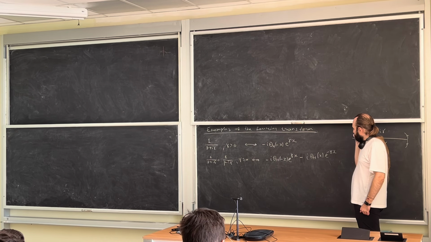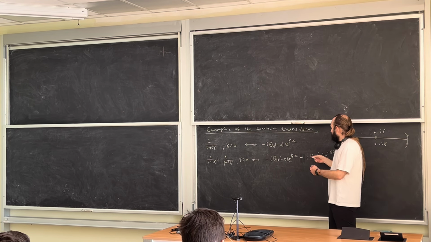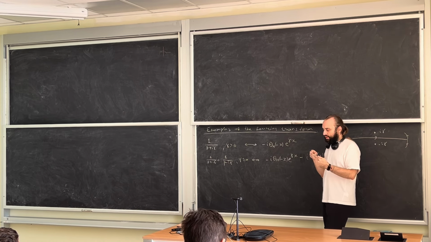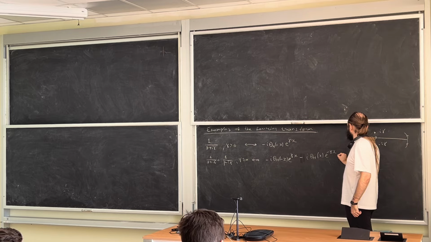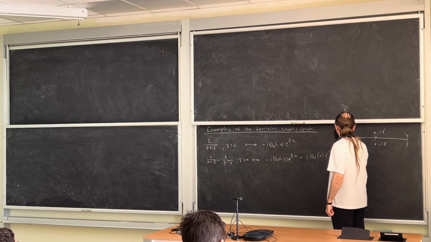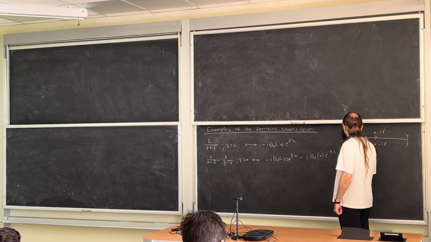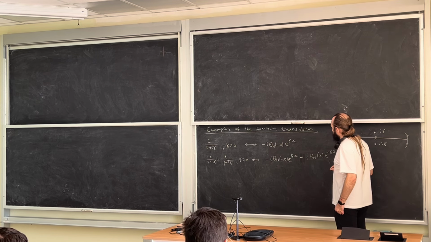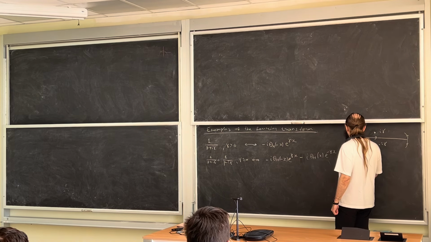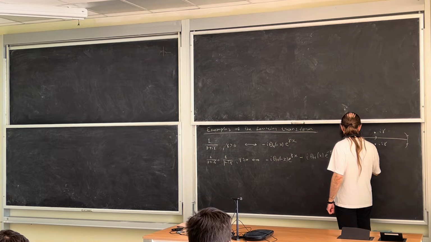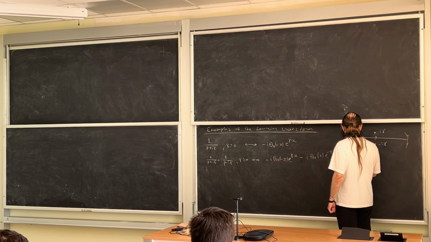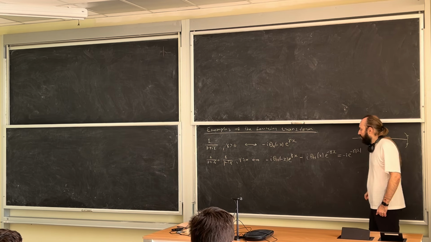So we see that this function is decaying exponentially for both values of x, and we can write it shortly as minus i e to the minus γ absolute value of x, right?